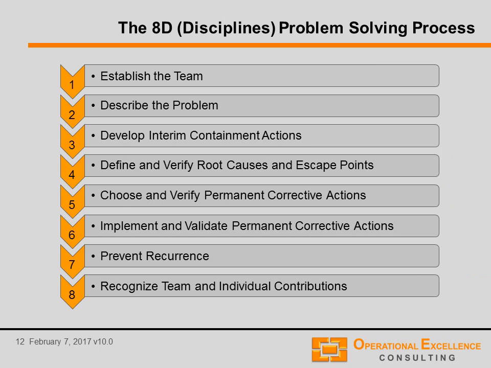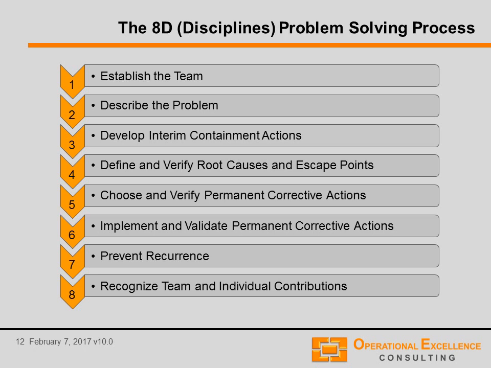And here you see now, for the first time, the 8 phases or the 8 disciplines of the problem-solving process. The first one is establishing a team. We just decided, hey, this problem or this symptom is so complex that one person will not be able to solve it. So we have to establish a small team with the right competencies, the right skill set, and we'll discuss that when we discuss the first discipline.